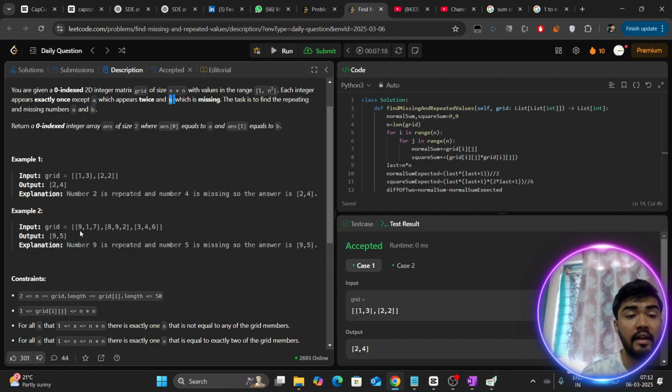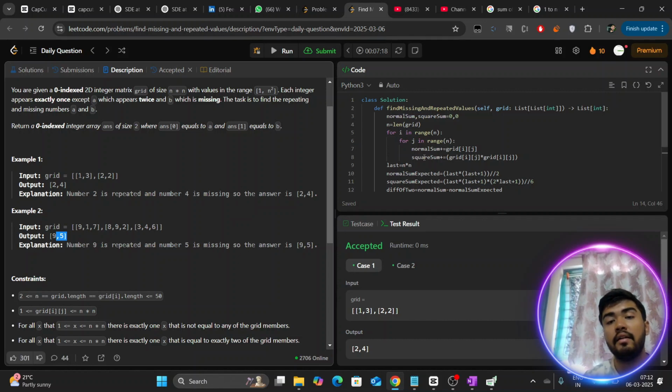Now for this 3 cross 3 grid, you can see that 9 occurs here, here, and here also. So 9 is our repeated element and 5 is altogether missed from the matrix.